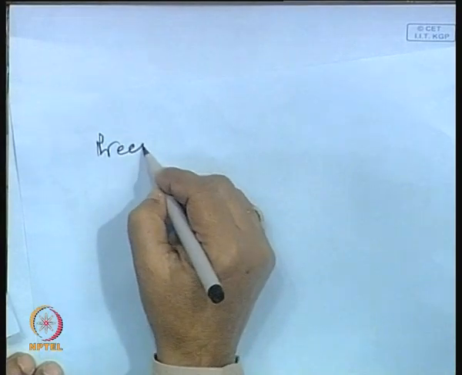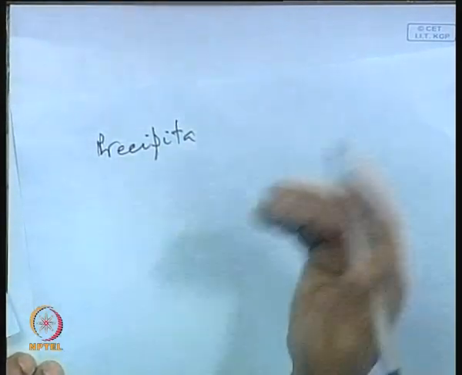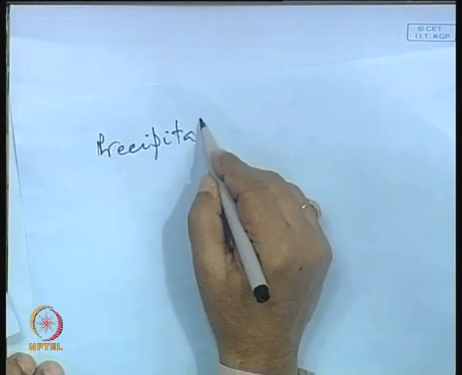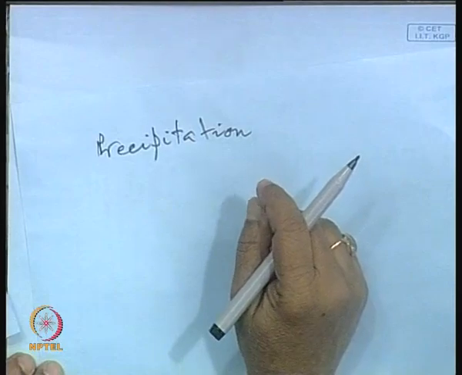The other methods that will make use of chemical processing, of course, would be in hydrometallurgy, precipitation. If everything is taken into solution, you can precipitate impurity elements as oxides or carbonates or sulfates or whatever.